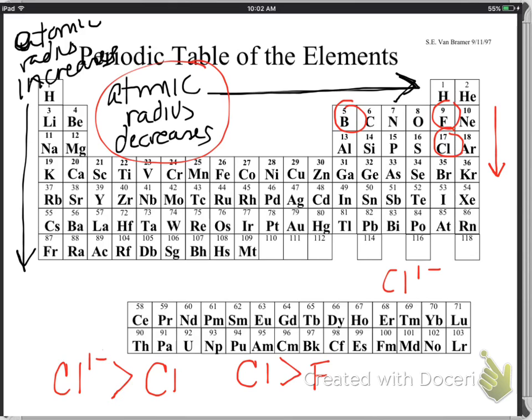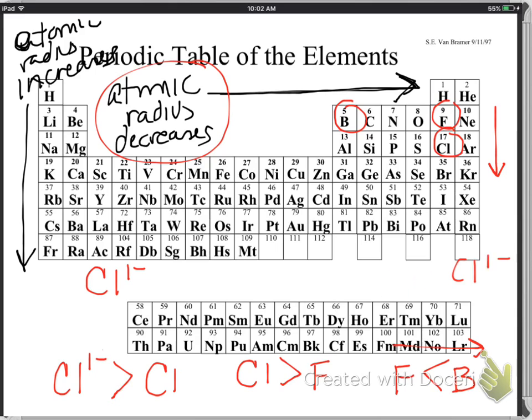Well, what about comparing now fluorine and bromine. Well, we know that the radius decreases as we move this direction on the periodic table. So bromine will have the larger radius. Let's put that all together to put them in order of largest to smallest radius. So the largest radius of all will be our chloride ion, Cl 1 minus.